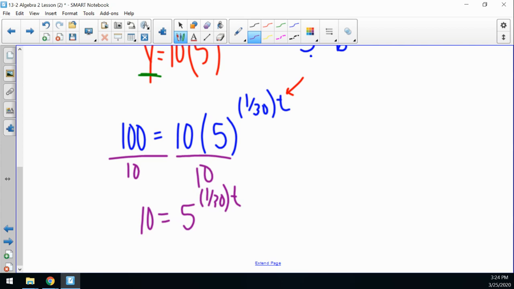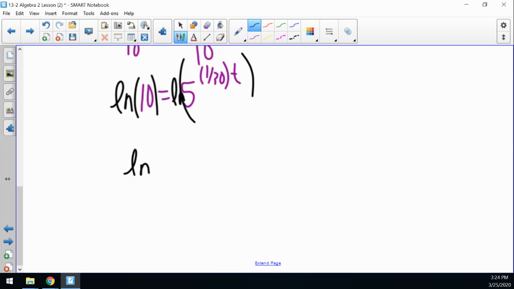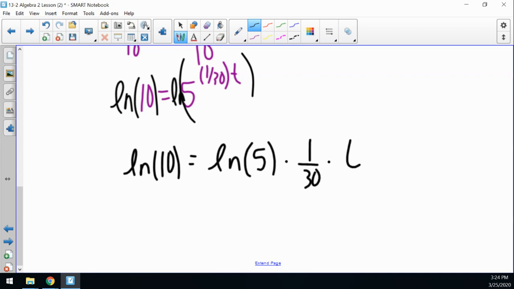And so now what we have to do is get rid of that base of 5. So we're going to take the natural log of both sides: ln of 10, ln of this whole thing right here. We end up getting ln of 10 is equal to ln of 5 times 1/30th times t. That 1/30th t drops down when we do natural logs.